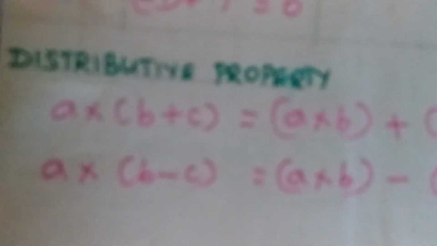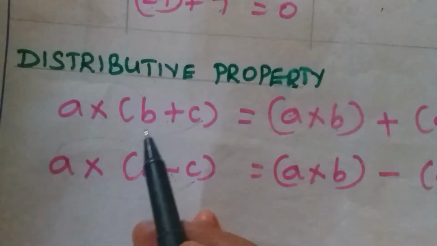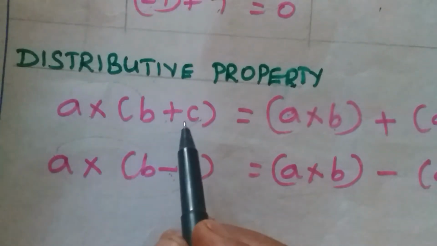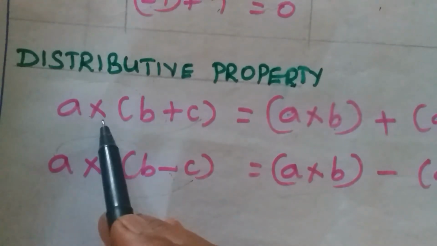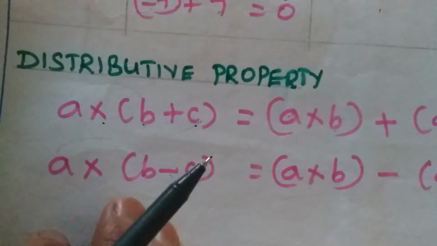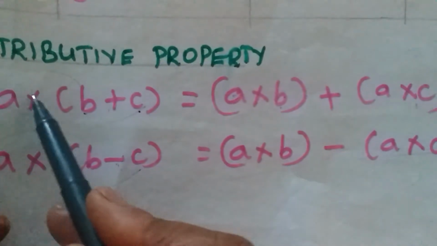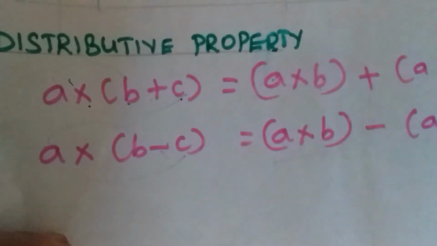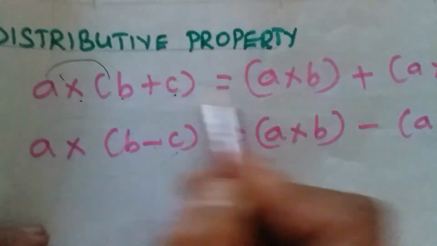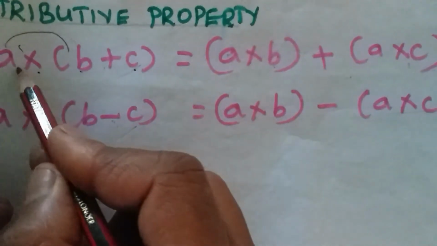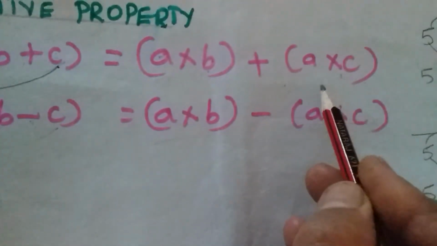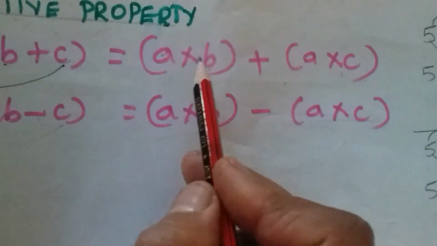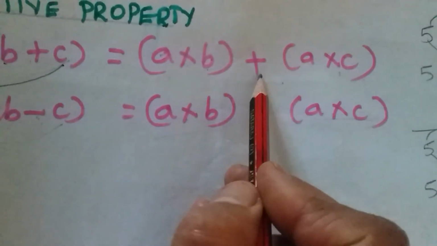It is the distributive property of multiplication over addition. A into B plus C. How are we going to distribute this sign? It is A into B plus A into C. This is distributing multiplication over addition.